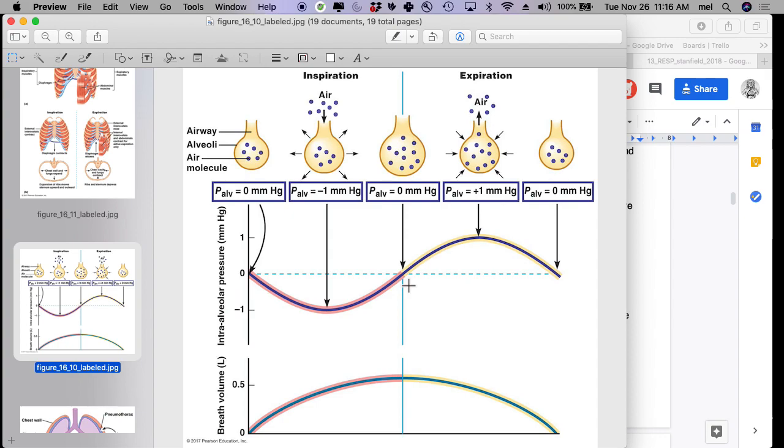As alveolar pressure goes above atmospheric pressure, then air moves out. Does that make sense to you? So all you are doing is changing the pressure in here just slightly above and just slightly below atmospheric pressure so that air moves in and air moves out. Between breaths, alveolar pressure by definition is equal to atmospheric pressure because it's not moving anywhere. If there was a pressure gradient, it would be moving.